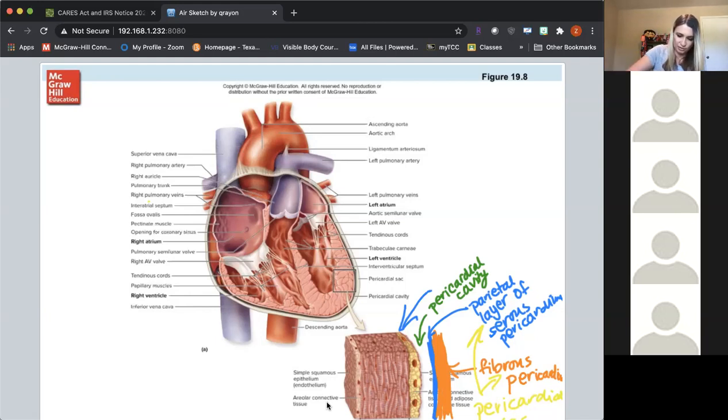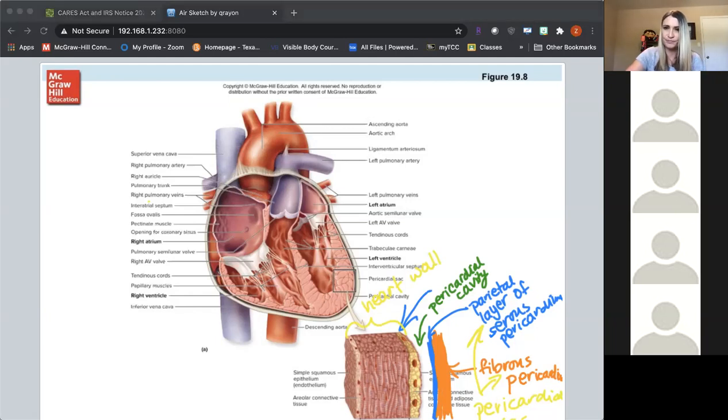And then these 3 layers together are heart wall. Okay, so the visceral layer of the serous pericardium is part of pericardium, but it's also part of the heart wall, but it is not part of the pericardial sac. I hope that makes sense. Okay. So that's our pericardium.